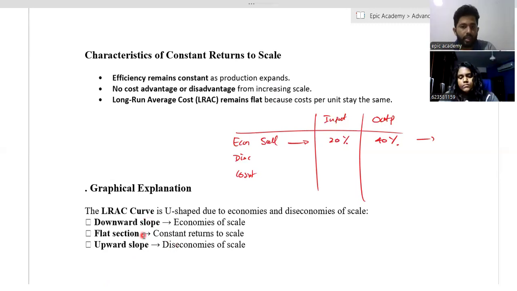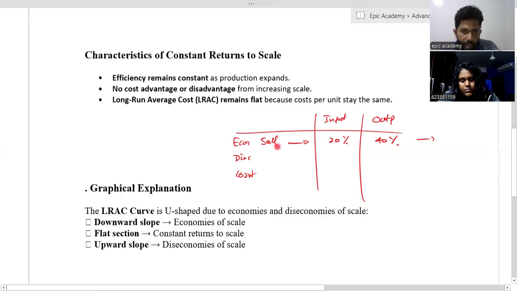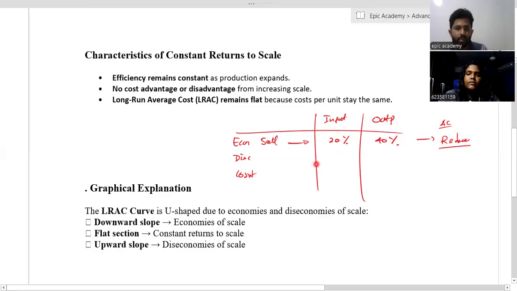During the period of economies of scale, you increase the total input by 20%. For example, when you increase input by 20%, you increase the output by 40%. So it is favorable and the average cost reduces.